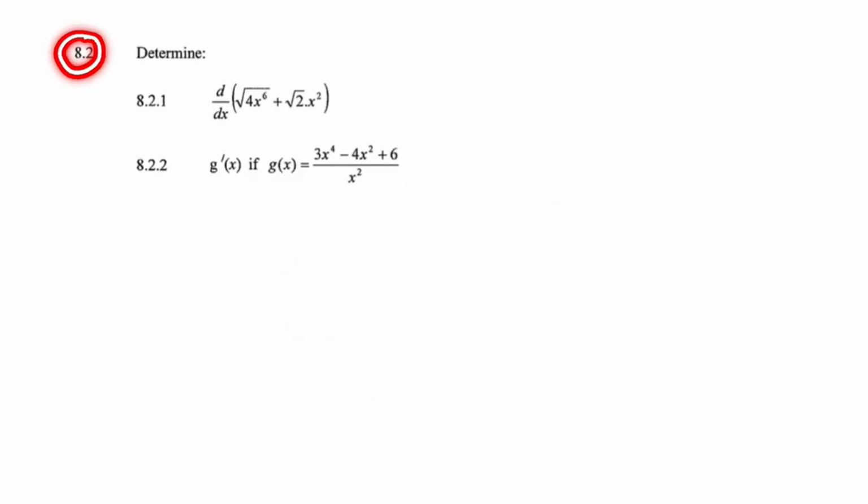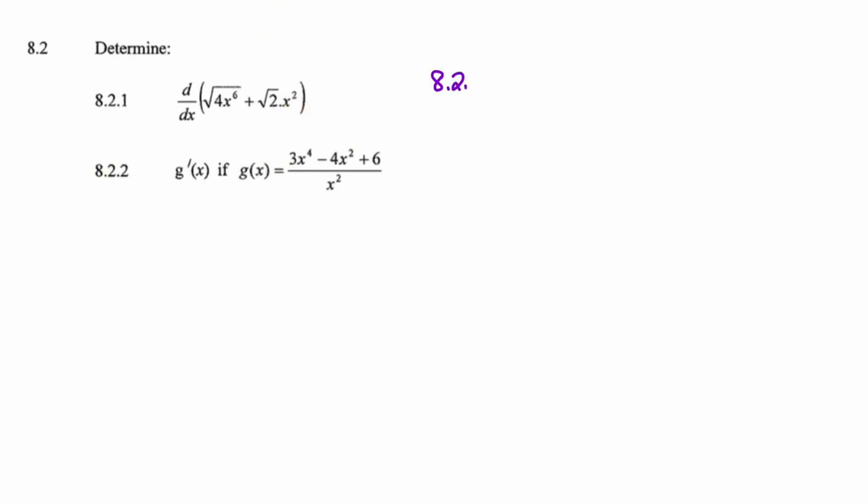Question 8.2 says determine, and 8.2.1, we want to find d/dx of the square root of 4x to the power of 6 plus root 2 times x squared. So in 8.2.1, I can rewrite the first term.